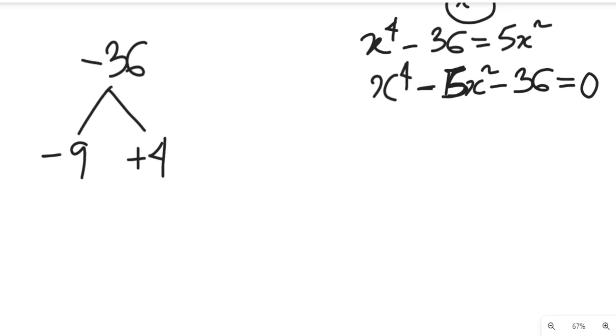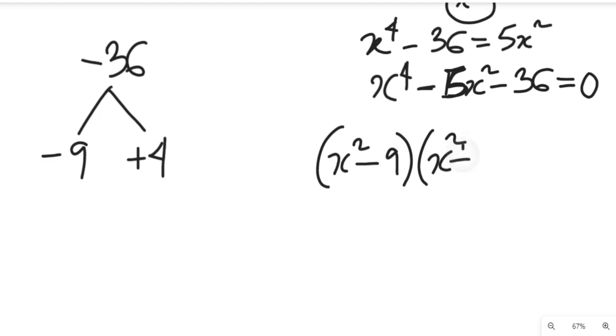Minus 9 times plus 4 will give us minus 36, and when we add them, we'll have minus 5x squared. So we'll have x squared minus 9, and then x squared plus 4, and this will be equal to 0.